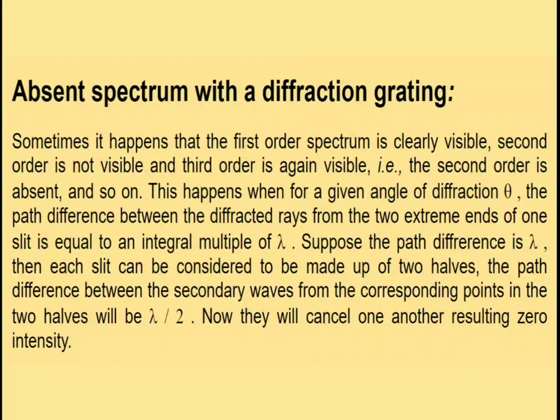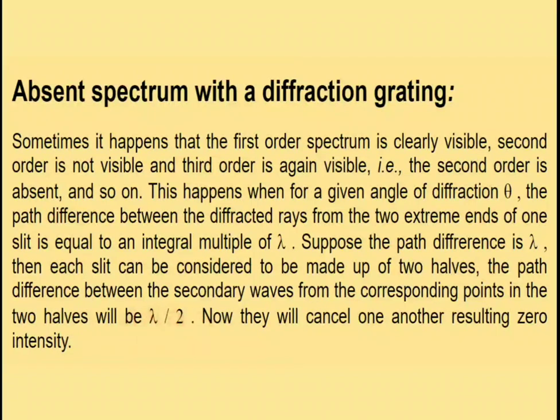So the path difference between the diffracted rays from the two extreme ends of one slit is equal to an integral multiple of lambda. Suppose the path difference is lambda, then each slit can be considered to be made up of two halves. So the path difference between the secondary waves from the corresponding points in the two halves will be lambda by 2.